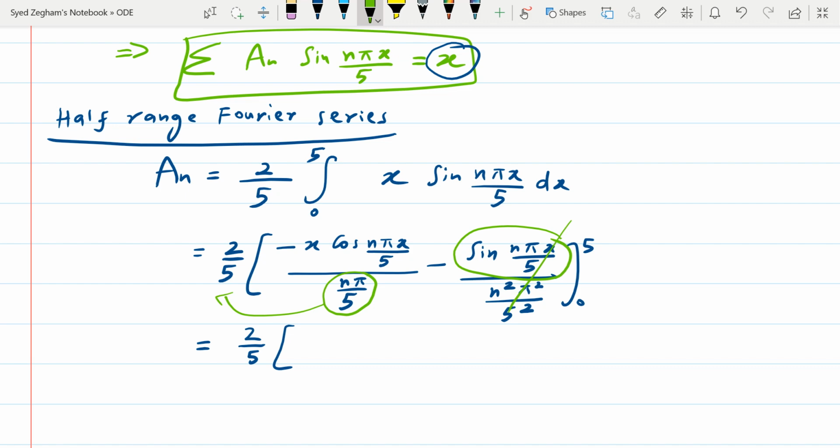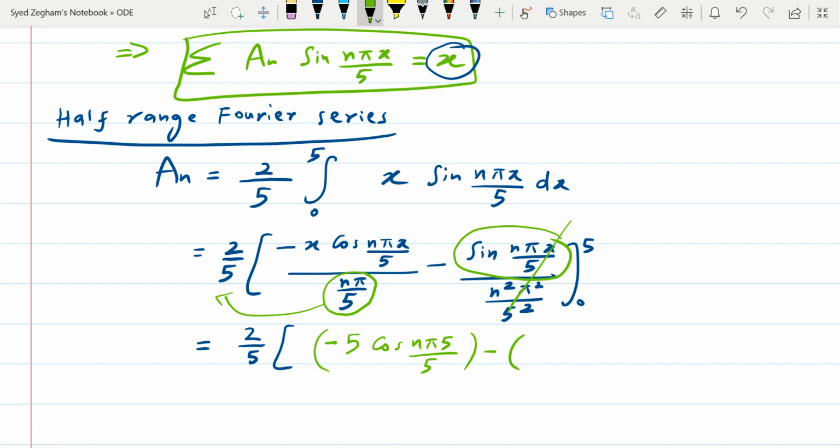So this will become minus 5 cosine n pi 5 over 5, and so this is the first term minus, now we will put x equal to 0.